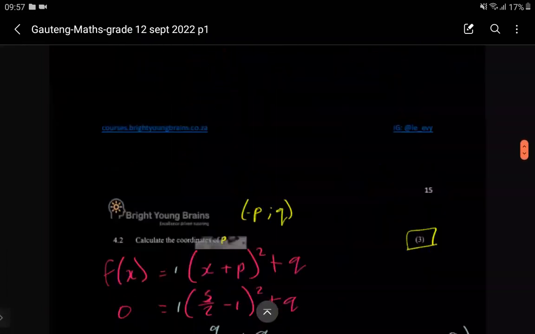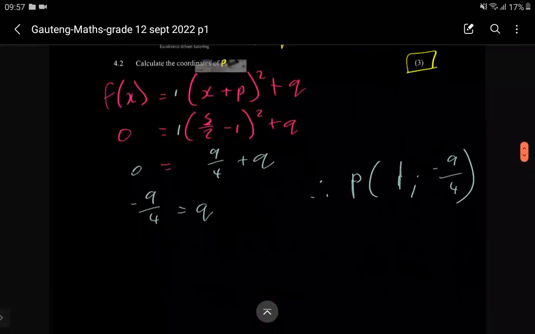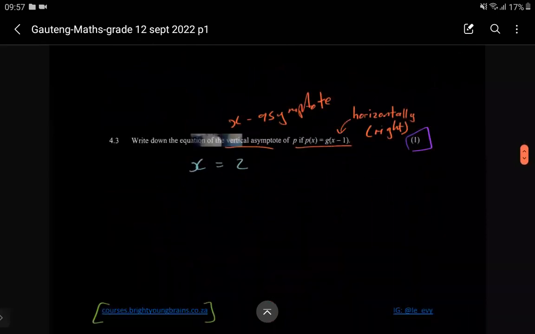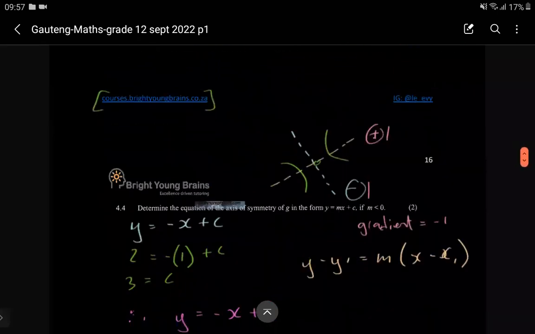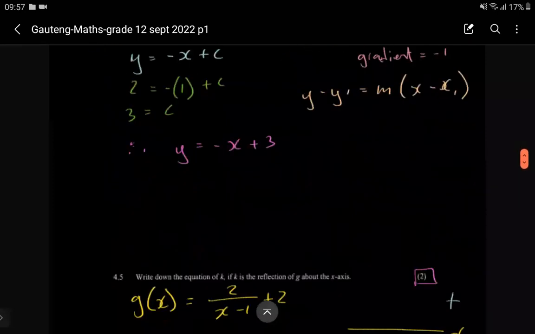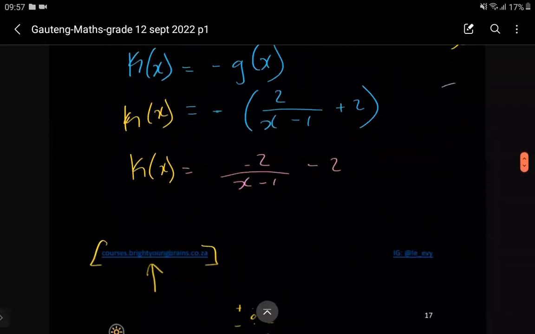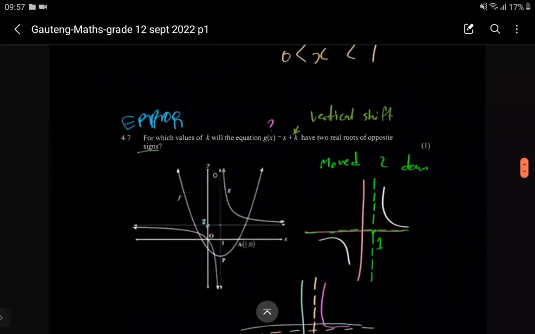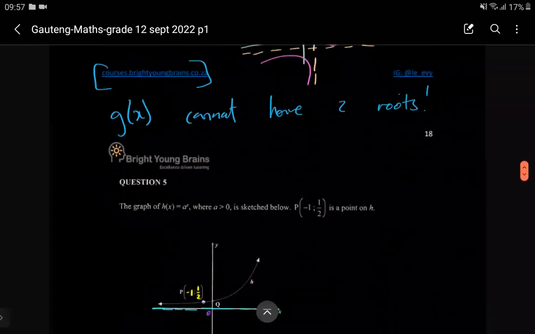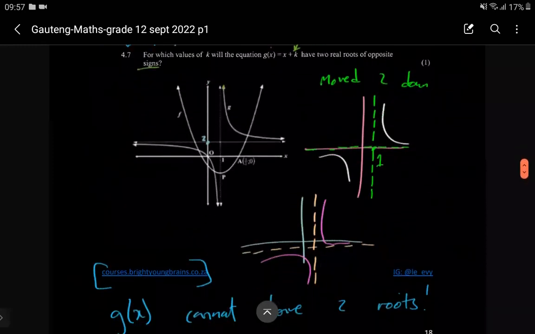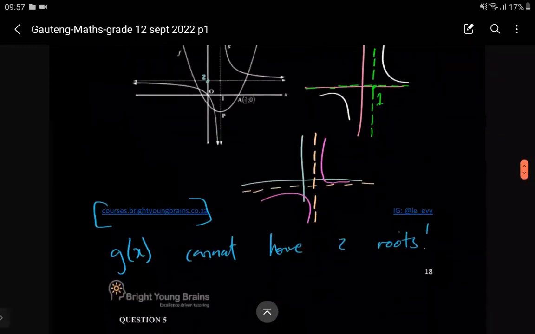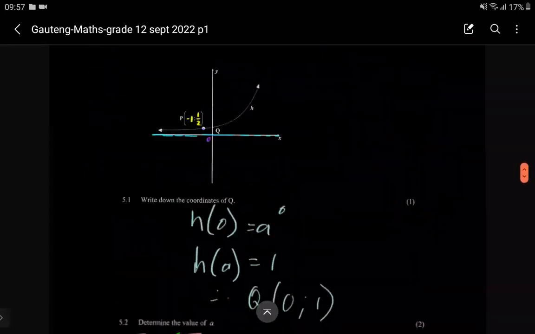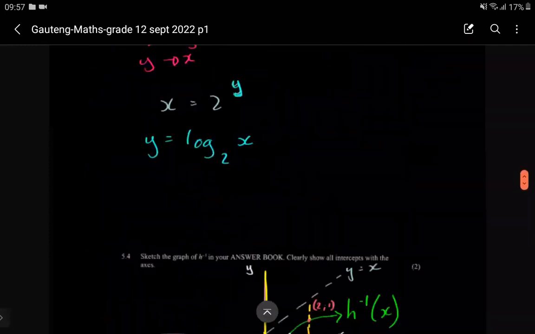So if you look at something like 4.3, 4.4, 4.5, 4.6, 4.7. Let me see here. I did Gauteng, Eastern Cape, and what else was there?